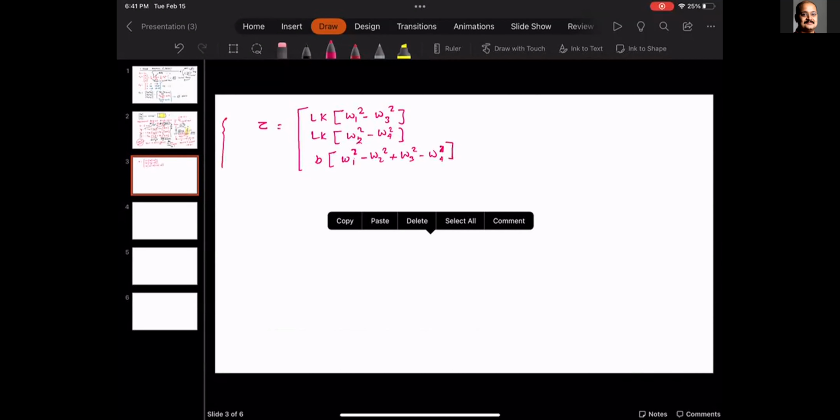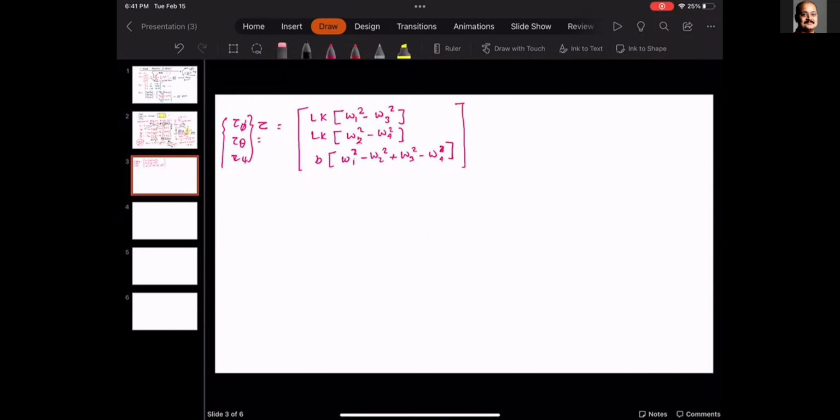And this is going to give us torque in roll direction, torque in pitch direction, and torque in yaw direction. So these are the equations that we derived.